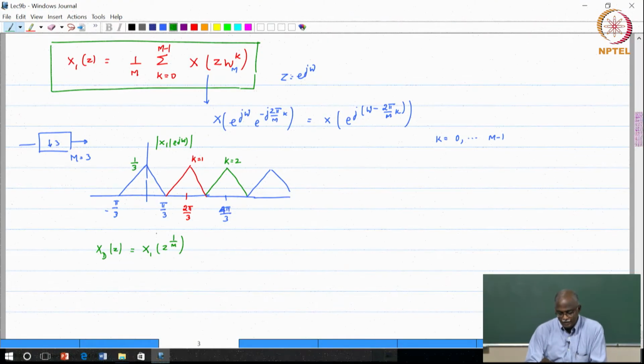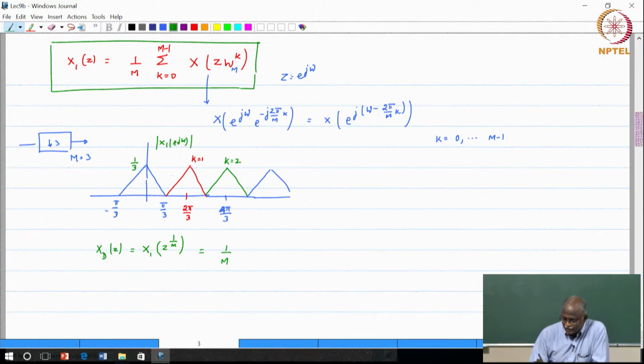So it is nothing but a scaled version, or we call it a frequency stretched version, of the signal x1 of z. Please pay careful attention to the substitution of the variable z^(1 over m). Wherever there is z, I am going to replace it with z^(1 over m).